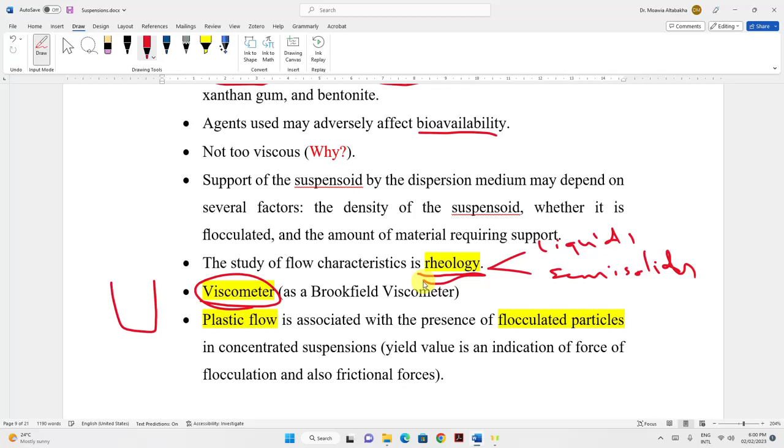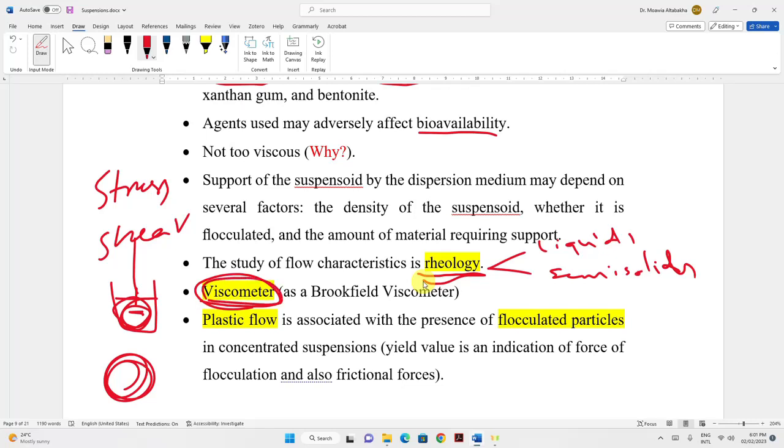Like if you have a solution or a suspension or an ointment or a cream, you will have a spindle, and this device applies stress, it causes the spindle to rotate inside the preparation, and it measures how fast the preparation responds to the rotation. يعني does it rotate easily, or is it difficult. إذا في عنا stress وفي عنا shear, and shear is the rotation. Like, what is the response of the material I'm trying to rotate? I will apply force and I will see the response of this material. We can do that by the use of a viscometer.